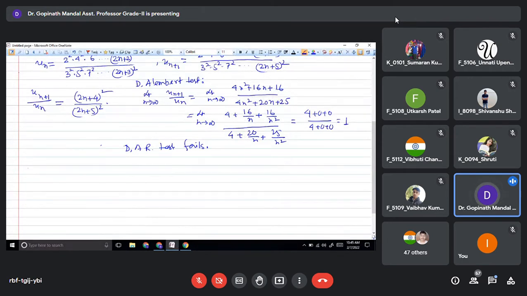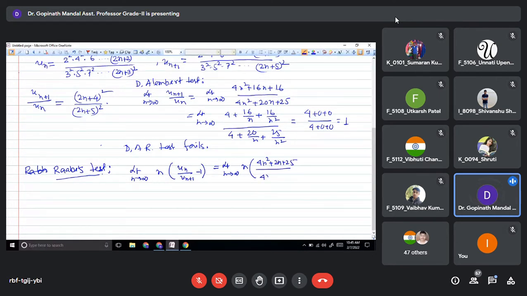Now let us apply Raabe's test. So the formula is limit n tending to infinity n into un by un plus 1 minus 1. Limit n tending to infinity n into un by un plus 1, that is 4n square plus 20n plus 25 by 4n square plus 16n plus 16, minus 1.